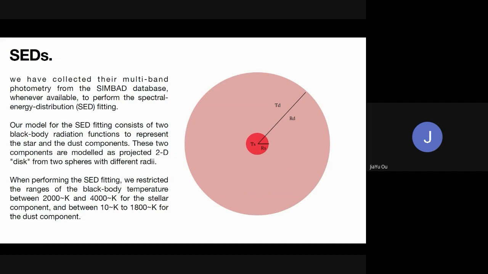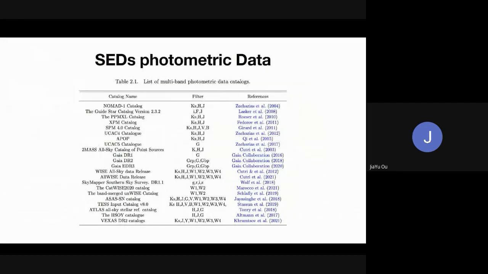For the star part, the black body temperature is between 2000 K and 4000 K. But the dust component is from 10 K to 1800 K. That is our photometric data list.